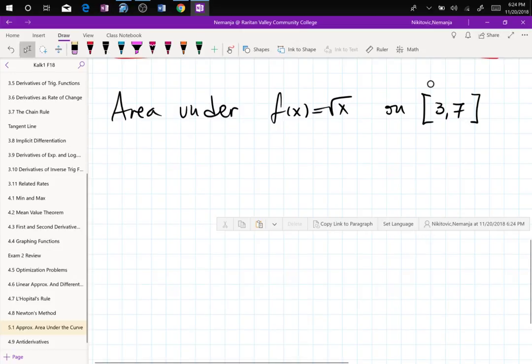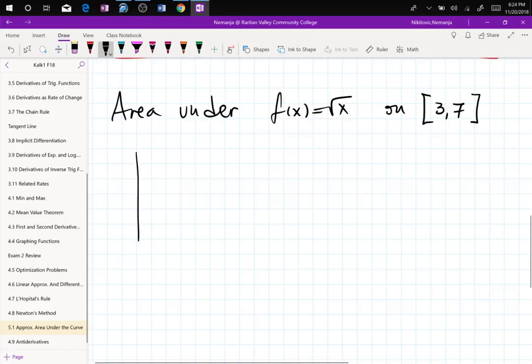So this is the question. What I can do is graph, partition, and then move from there. Now I know the square root of x is not going to go on the left-hand side, so I can just draw this and then go into this square root graph.